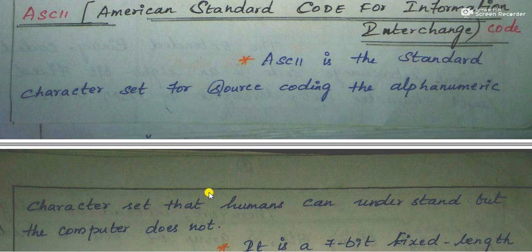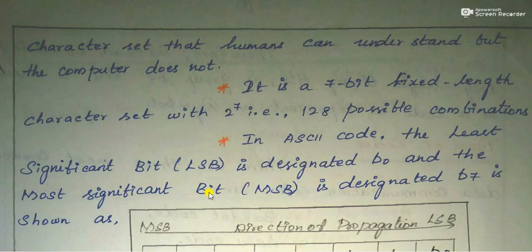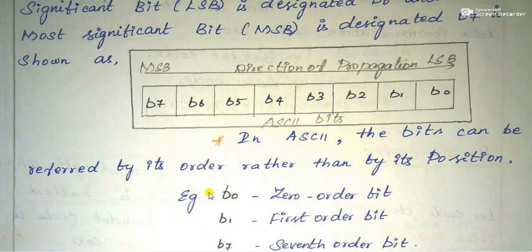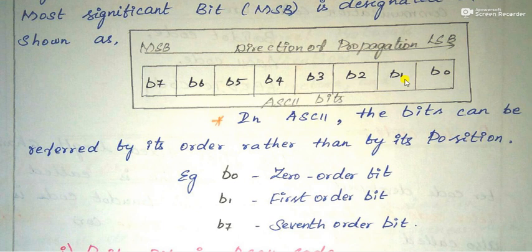In the ASCII code, the least significant bit is B0 and the most significant bit is designated B7. See here, this is B0 and this is B7. In ASCII code, a bit is referred to by its order rather than by its position.